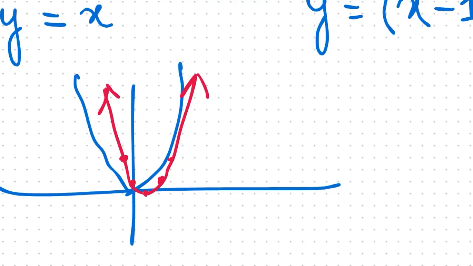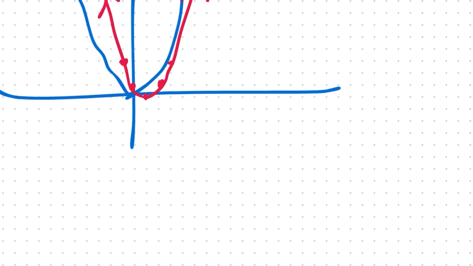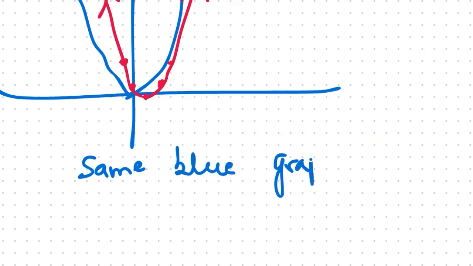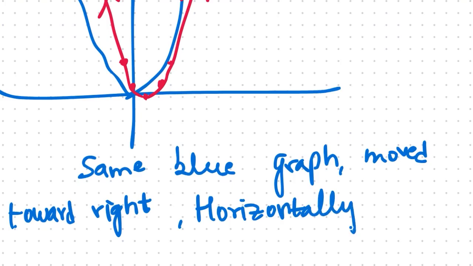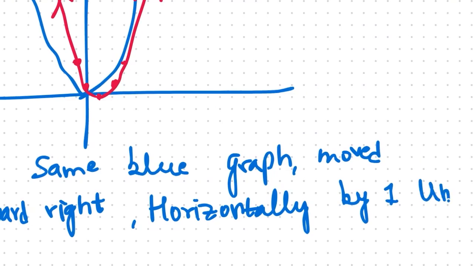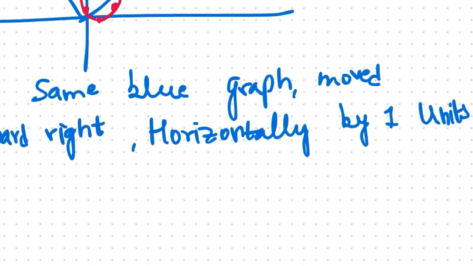This blue graph, same blue graph, moved towards right. Horizontally or vertically? Horizontally. Moved towards right, horizontally. By how many units? Just 1 unit. By 1 unit.